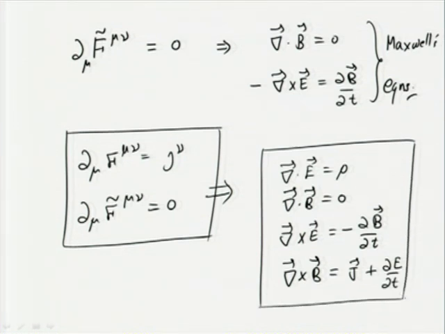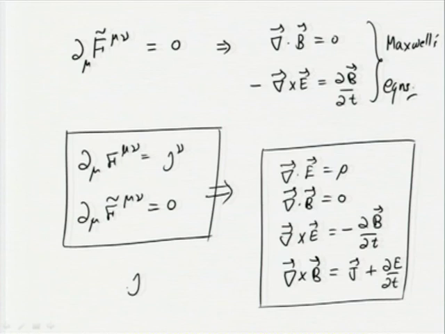This is a compact way of writing the 4 Maxwell's equations in an explicitly covariant, or Lorentz covariant, fashion.